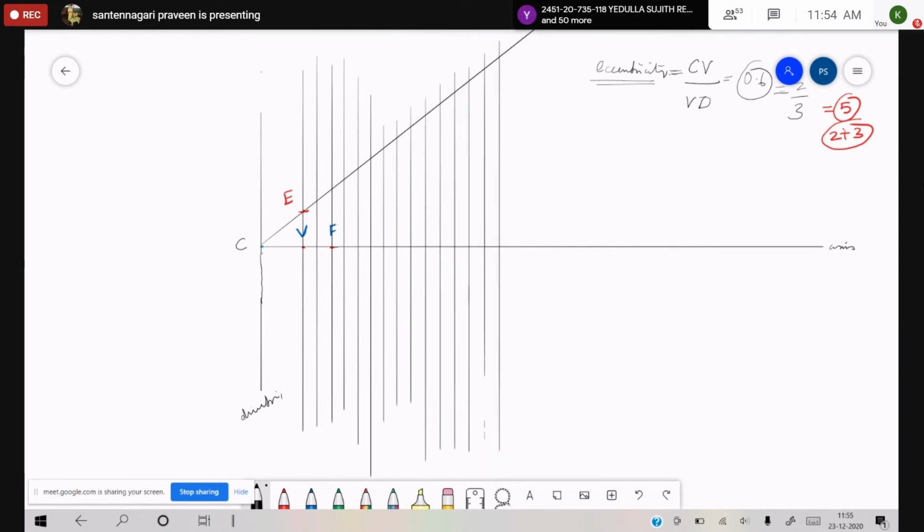Draw up to where your CE line is visible, and then mark the points 1, 2, 3, 4, 5, and so on.